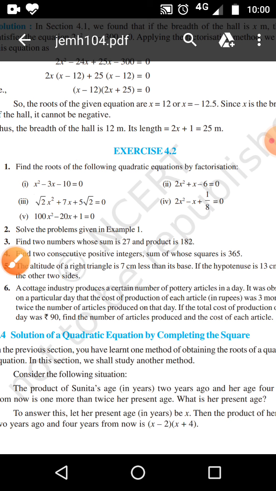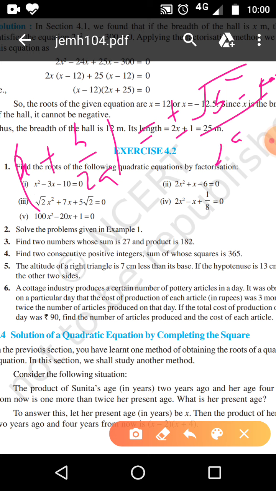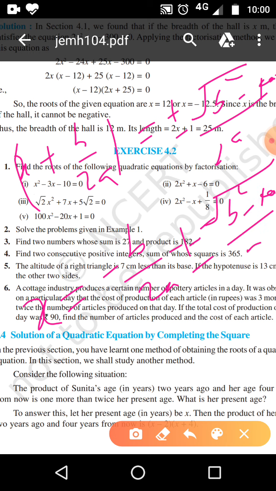So in the next step, x plus b by 2a is equal to plus minus root of b square minus 4ac upon 2a. So we can write x is equal to minus b by 2a plus minus root of b square minus 4ac upon 2a.